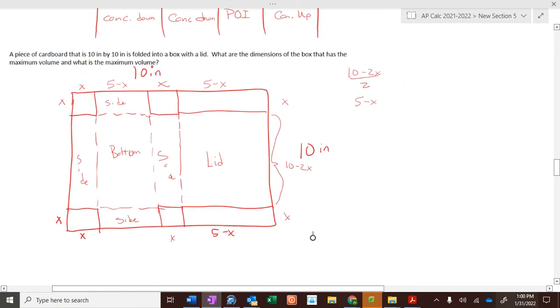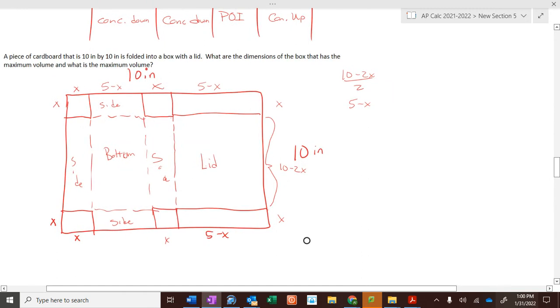All right. So, how do we find the maximum volume? Well, what is the volume function for this? Volume is length times width times height. What's the length of the box? Length of one of the sides. 10 minus 2x.